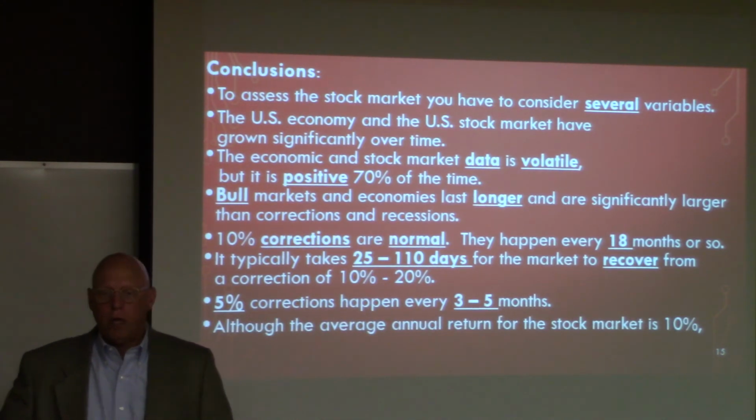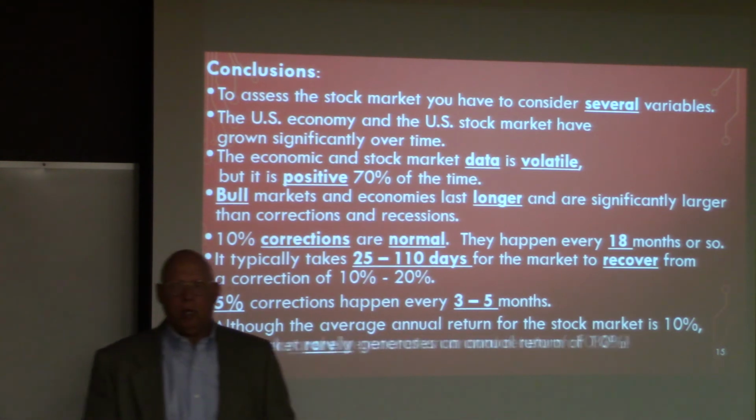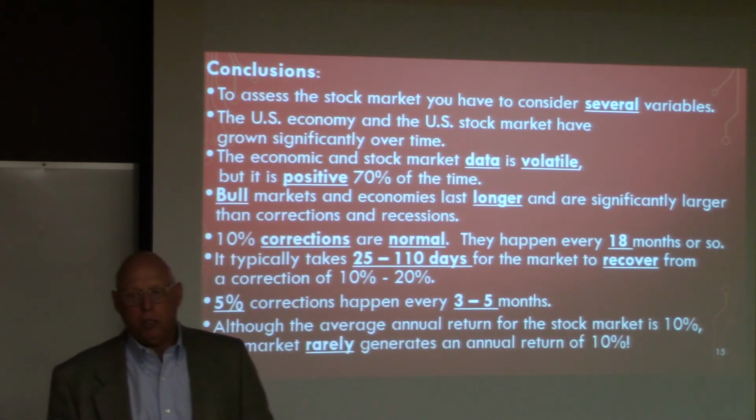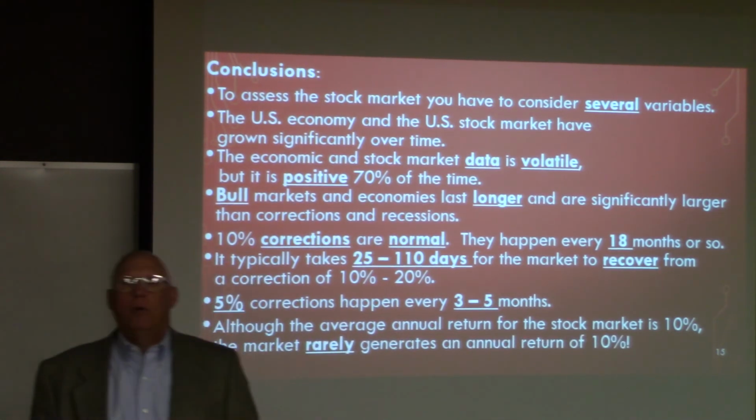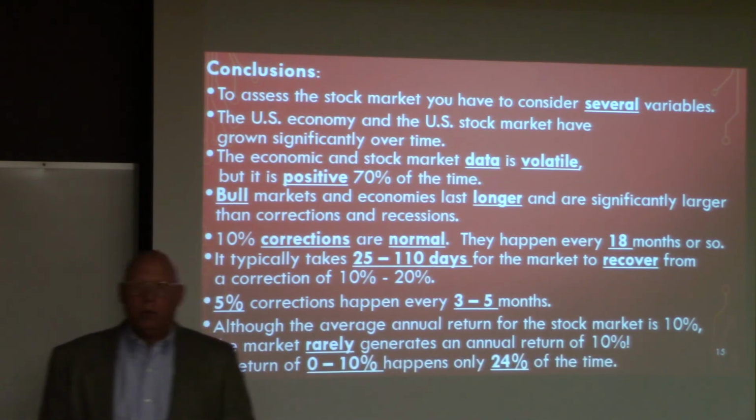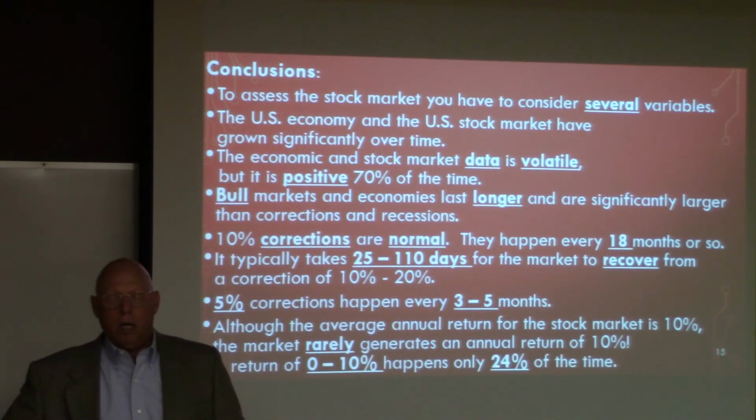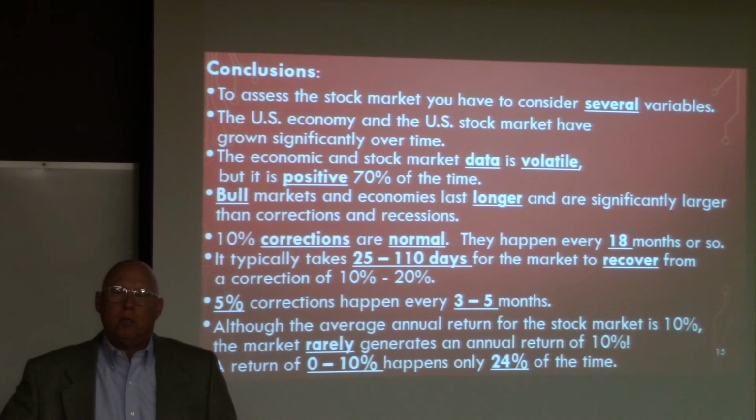Okay? Although the average annual return for the stock market is 10%, the market rarely generates an annual rate of return of 10%. A return of 0 to 10% historically only happens about 24% of the time. So when you use that average rate of return of 10%, please understand that a return of 0 to 10% only happens 24% of the time.